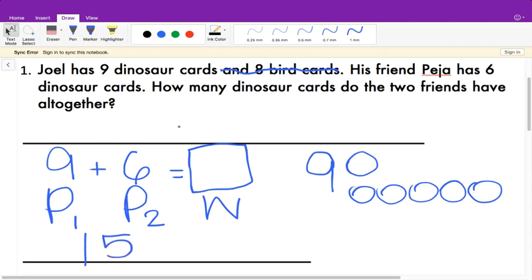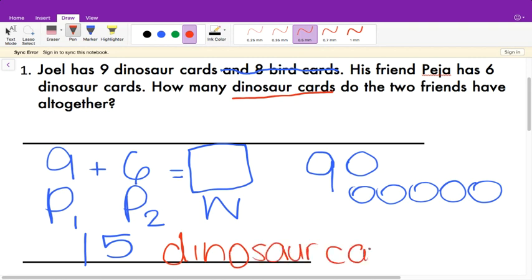I'll go back and look for my label. And it says how many dinosaur cards. So that lets me know our label is dinosaur cards. Okay, great job. We're done with number 1. Let's go on to number 2.